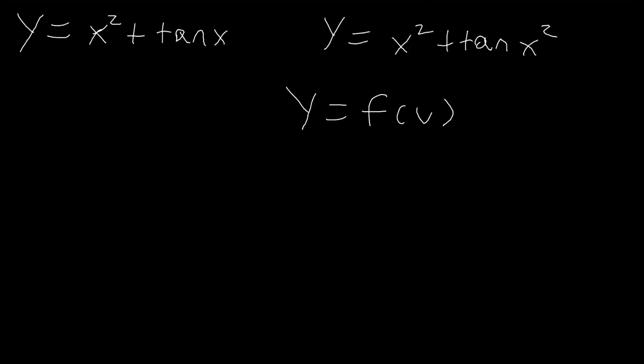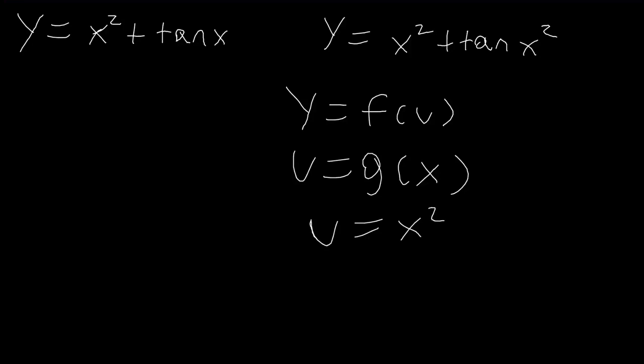And we can also say that u equals g of x, so basically any function with x as the input, like u equals x squared. So now we can sub in what u equals into f, and we can just write y equals f of g of x.